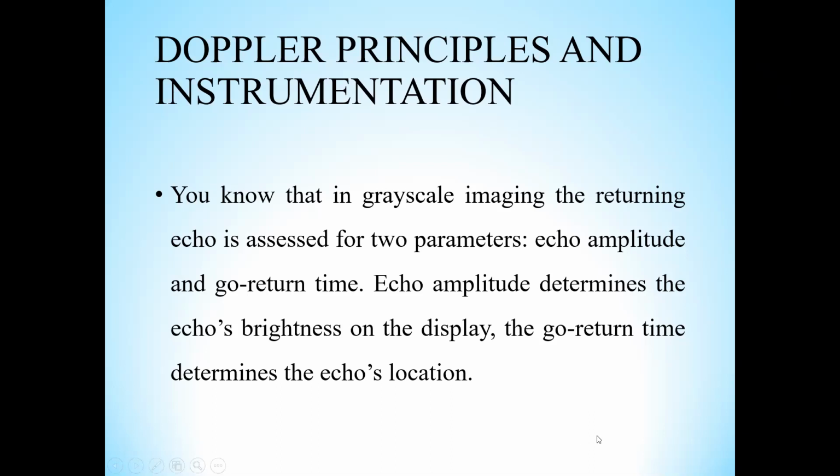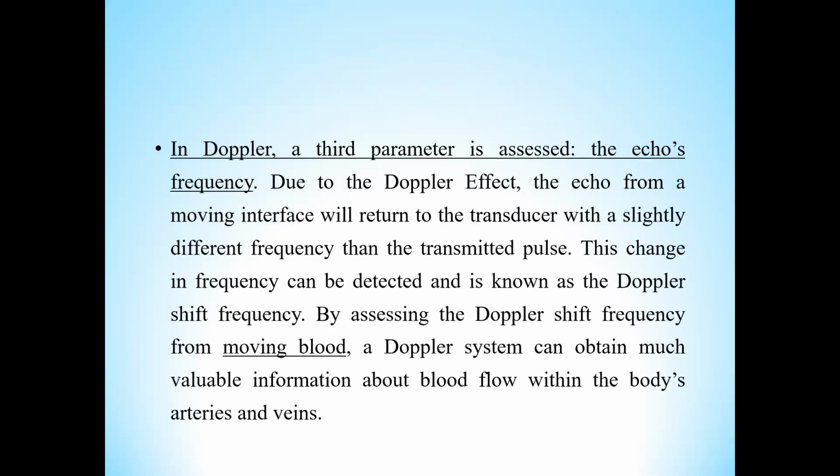So these are two important pieces of information in grayscale imaging, but now we are dealing with Doppler imaging. In Doppler imaging, we have a third type of information, that is shift in frequency or change in frequency. In the case of a stationary object, there will be no movement, so there will be no change between the reflected and transmitted frequency.